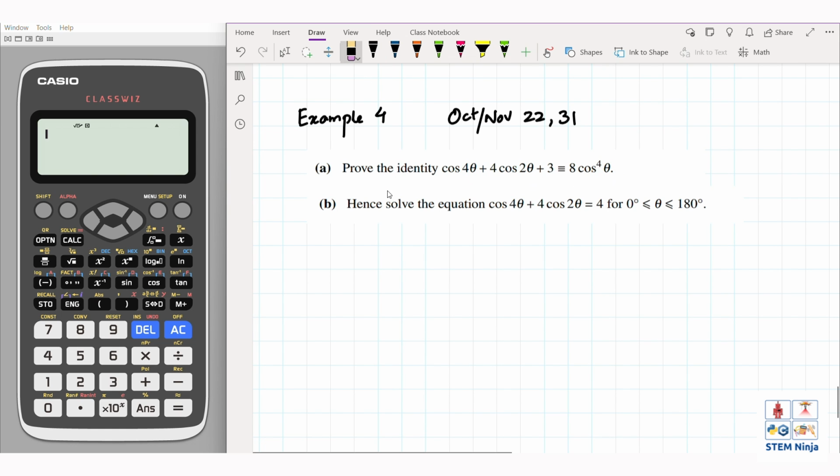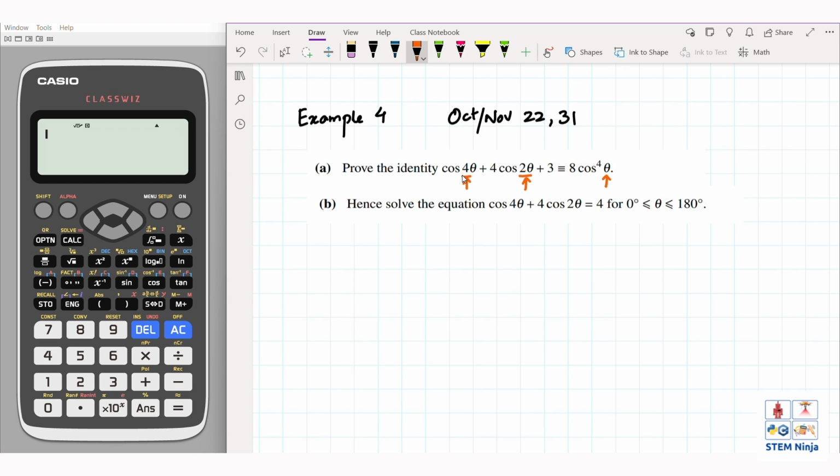All right, so let's look at another example. Prove the identity cos 4 theta plus 4 cos 2 theta plus 3 is identical to 8 cos raised to power 4 theta. Now what you need to notice over here is that we have theta on the right hand side, but on the left hand side we have a double angle and we have a quadruple angle also.